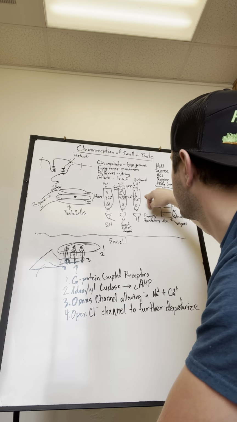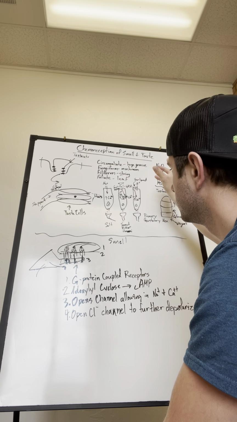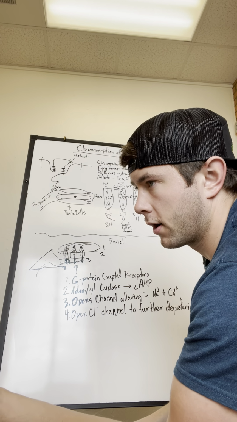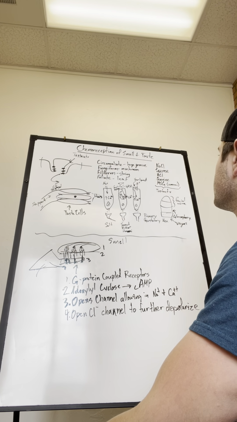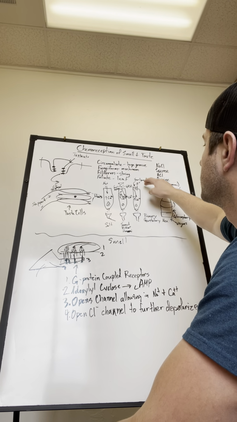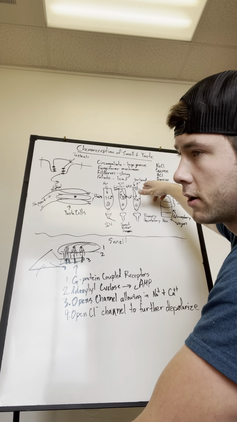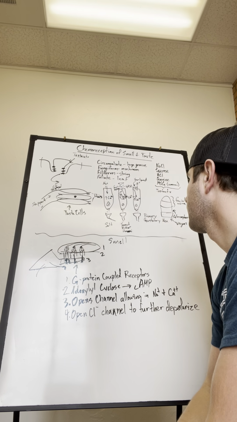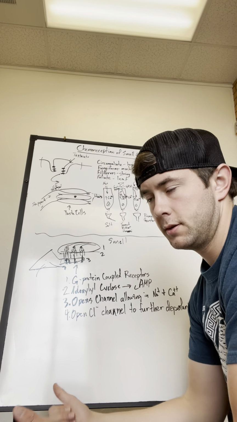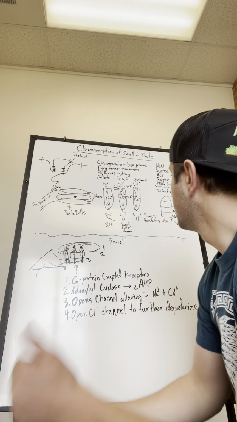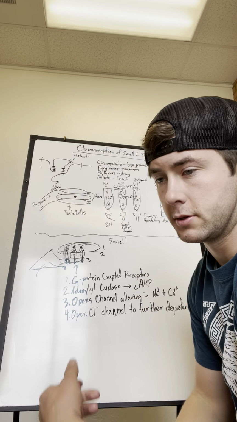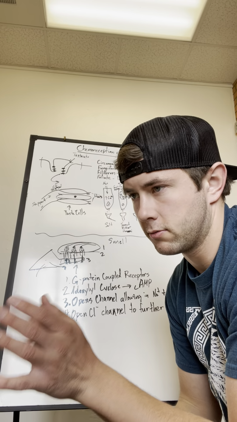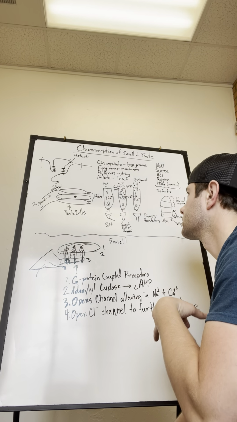Okay, finally we have our sour taste cell, for hydrochloride. With hydrochloride, you're going to have protons that will go through a channel, depolarize it, and open up a channel for calcium to get in, and then with calcium you send out neurotransmitters and an action potential.